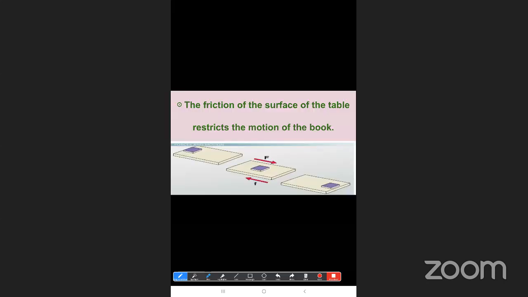The friction of the surface of the table restricts the motion of the book. At first the book is at one corner. After one push, it travels some distance and stops after some time at another corner of the table.